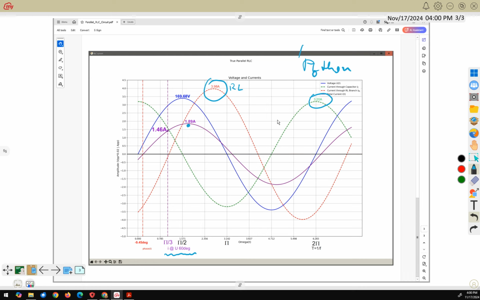That means it cannot be higher than this value or this value, because both currents are in opposite to each other, so that the resulting current is lower than the single current in one of the branches, because we do the summary.